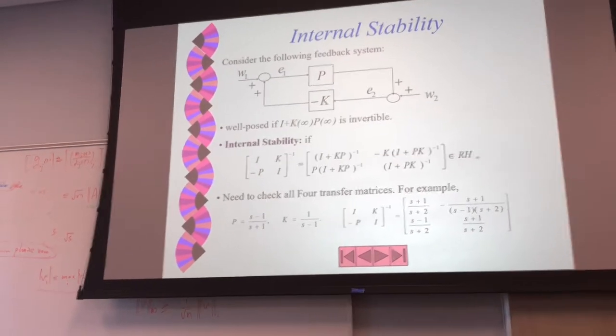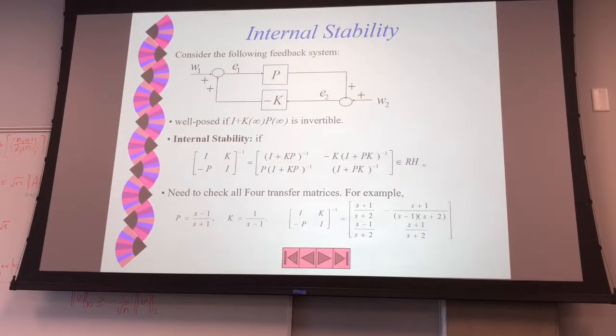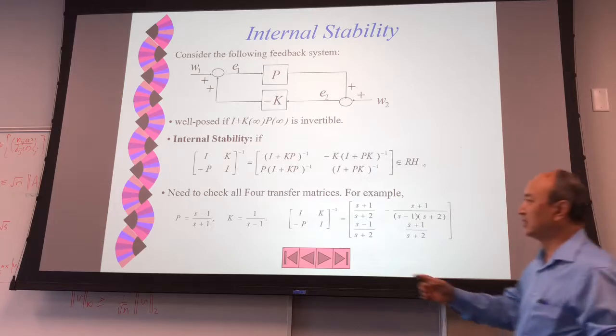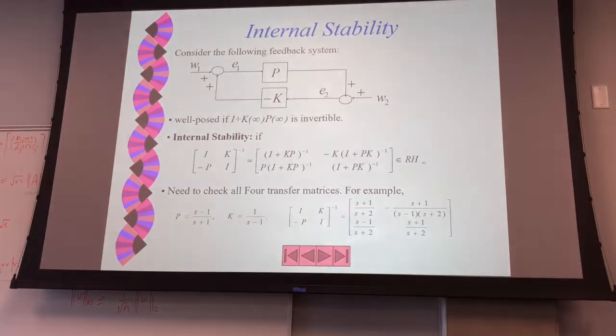But how can we check it in a simple way? Again, we return to the pole-zero cancellation in the right half plane. Okay? The right half plane. So here we clearly will have one here, okay?